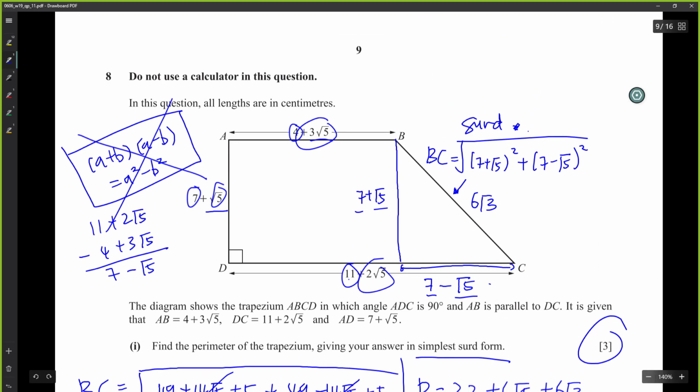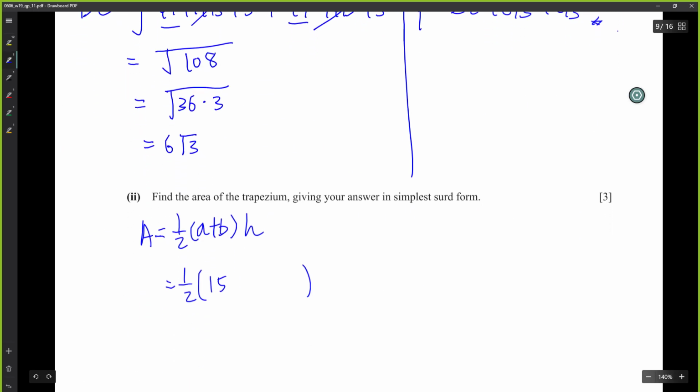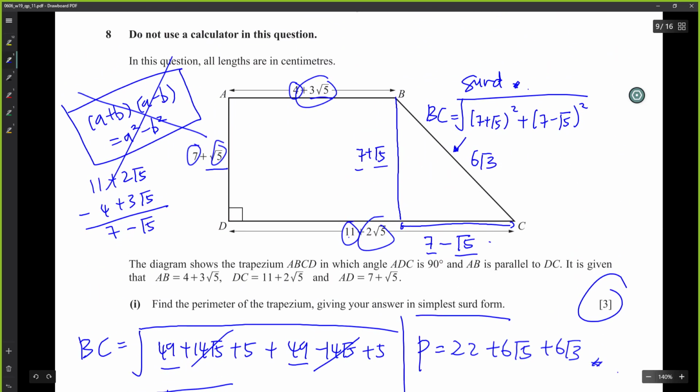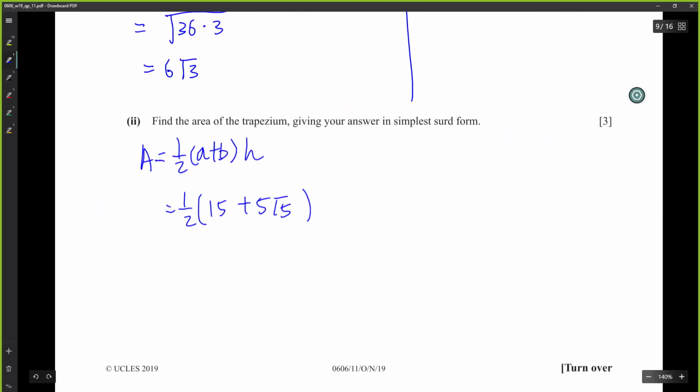And 2 root 5 plus 3 root 5, I get 5 root 5. And the height will be 7 plus root 5. Put a bracket for it, okay? And we expand the whole thing. Simplest form again.